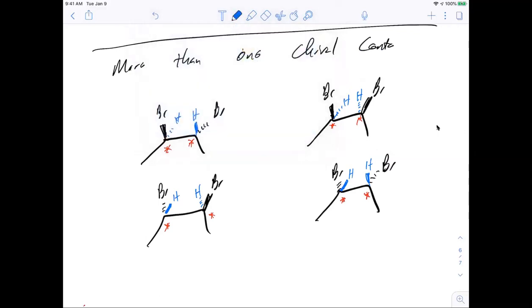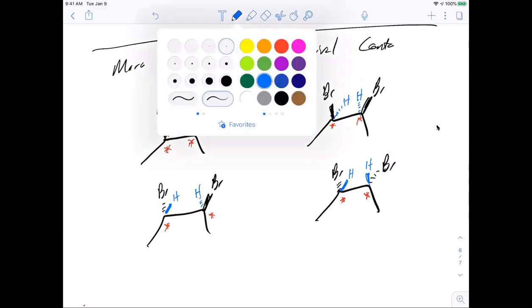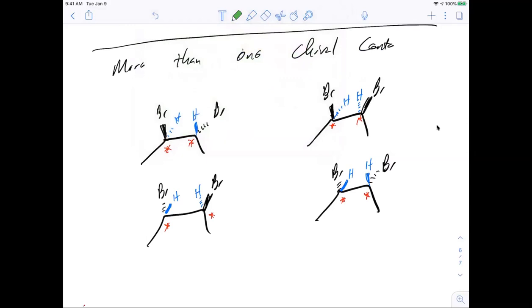Now, the other thing we can look at, right, is do we have a mirror plane? Do we have a mirror plane that bisects any of these atoms? In the first one, can we draw a mirror plane any direction, right, that would bisect this molecule? No. How about this one? Could we draw a mirror plane that would bisect the molecule? Yes. Right, so I can draw a mirror plane right there that bisects the molecule.